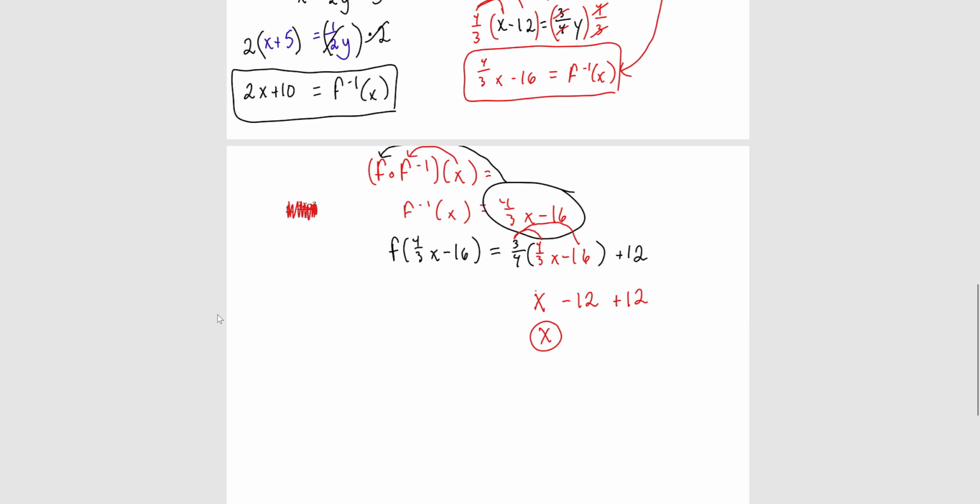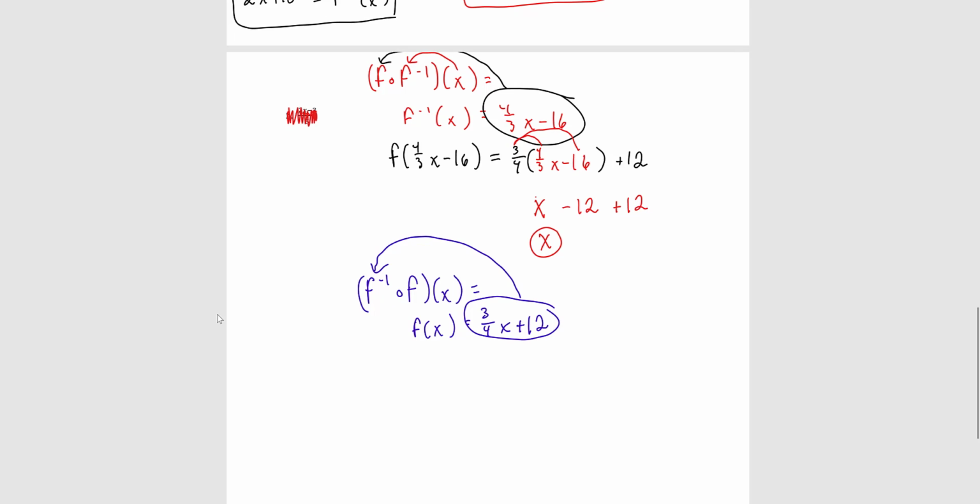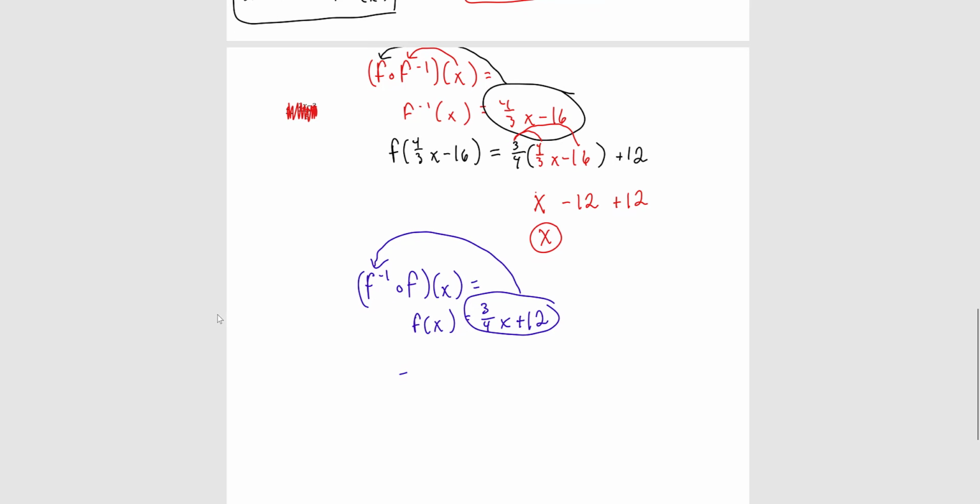But a true test is you've got to check it now the other way. So now you got to do f inverse of f of x. So f of x is 3/4 x plus 12. And we're going to take that binomial and substitute it into the inverse function. Sometimes all of this notation can look confusing, but ultimately all we're doing is taking one function and substituting it in for the other.